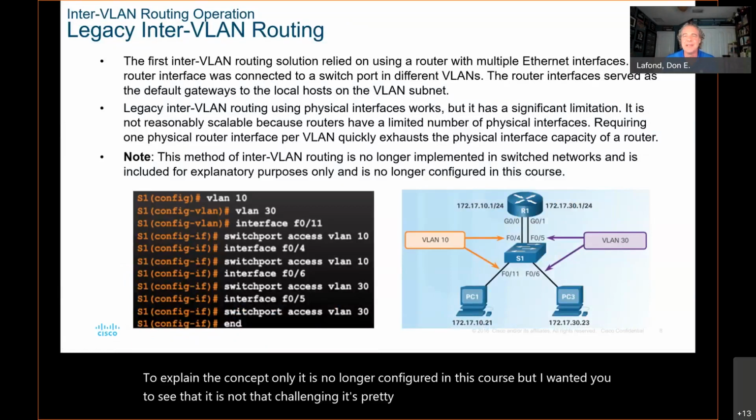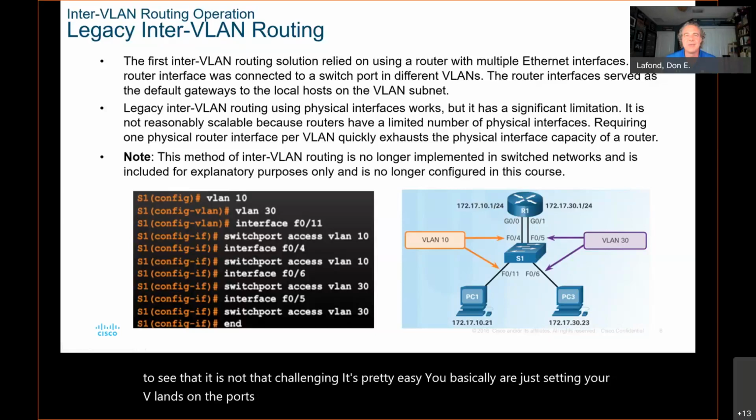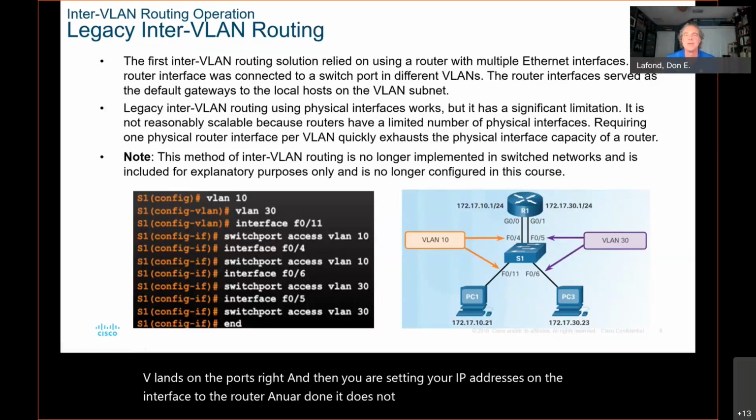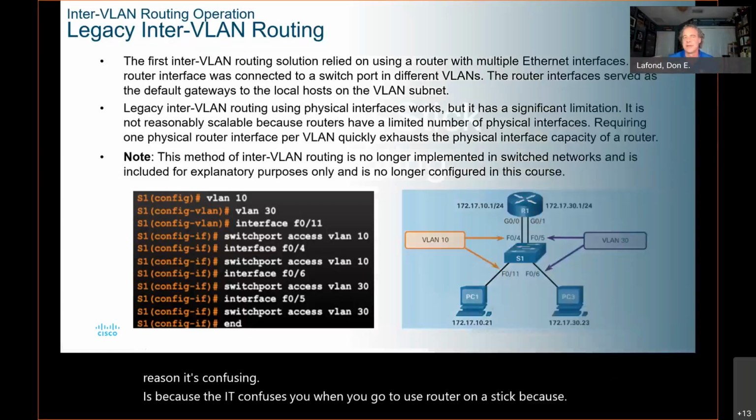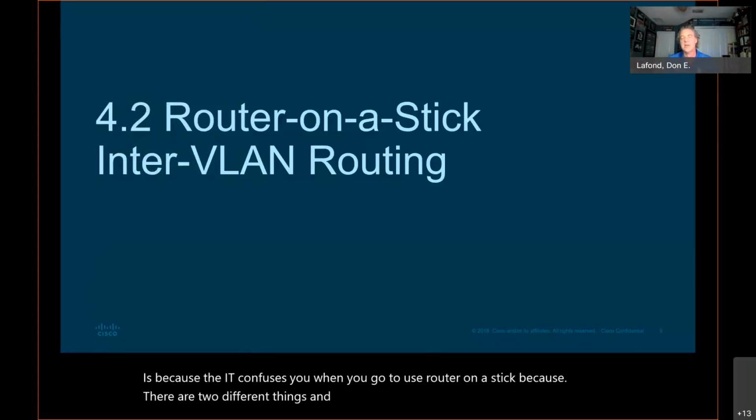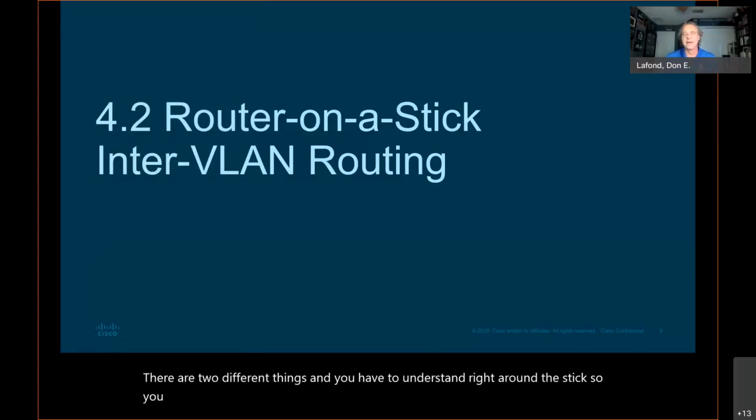You basically are just setting your VLANs on the ports, and then you are setting your IP addresses on the interface to the router, and you are done. It's not that hard. The only reason it's confusing is because it confuses you when you go to use router on a stick, because they're two different things, and you have to understand router on a stick. So you saw it, now forget it, okay?